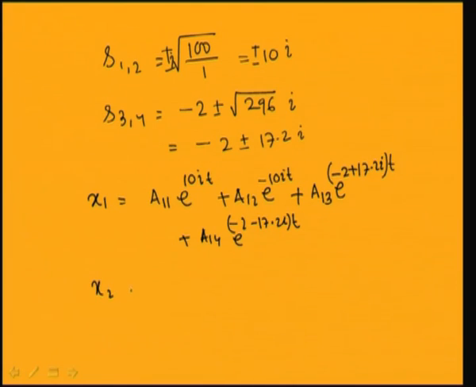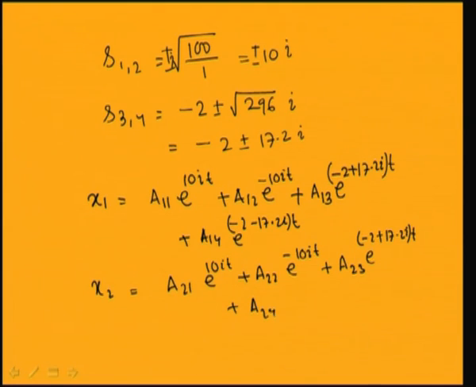Similarly, x2 I can write in this form: a21 e to the power 10 i t plus a22 e to the power minus 10 i t plus a23 e to the power (minus 2 plus 17.2 i) t plus a24 e to the power (minus 2 minus 17.2 i) t.